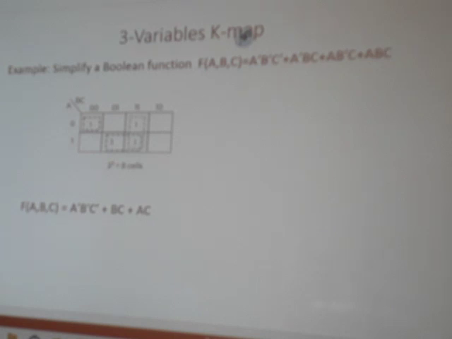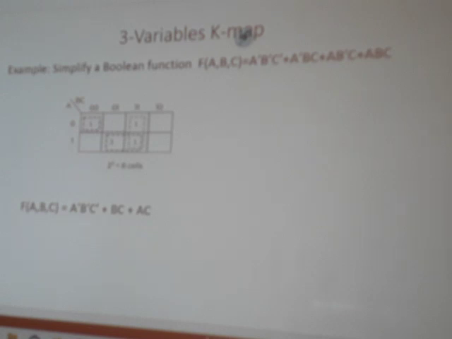In order to write the term, we see that along the vertical direction, if we move from one square to the other square, the variable a changes from 0 to 1, and therefore this variable is neglected. The variables which do not change are b and c, and the states of b and c are 1, 1. So we will write bc.